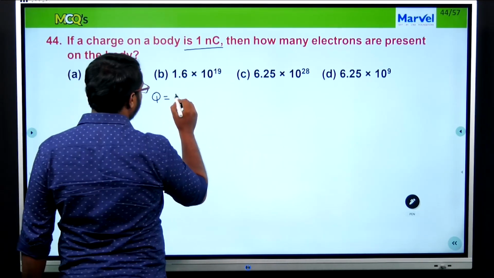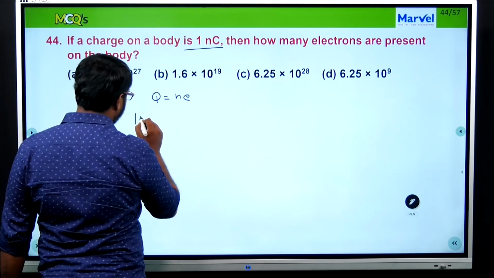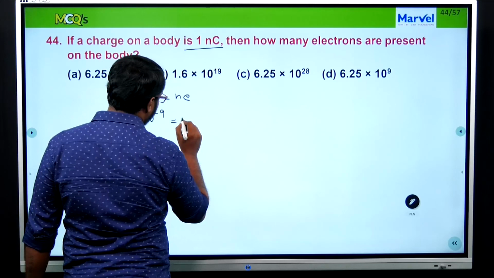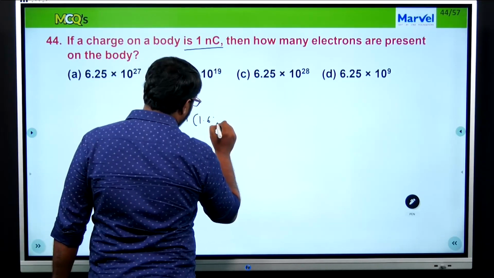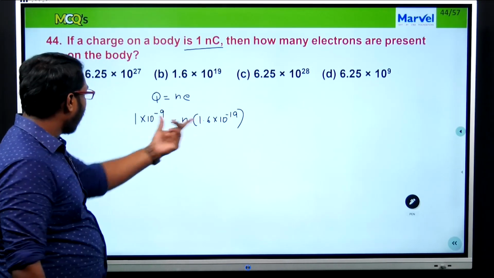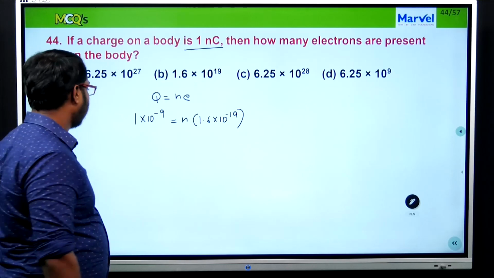So Q = n e. Q on the left side is 1 × 10^-9 coulomb, which equals n × 1.6 × 10^-19, the magnitude of the charge of the electron, where n is what they are asking us to find.